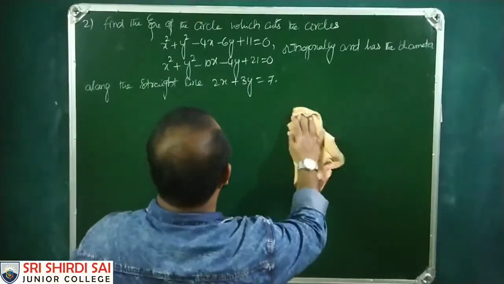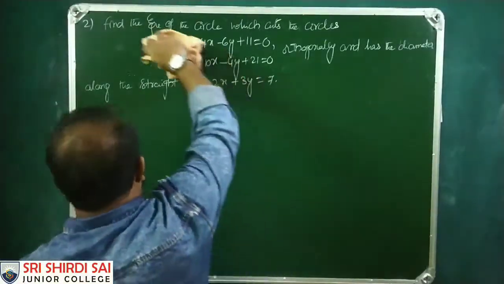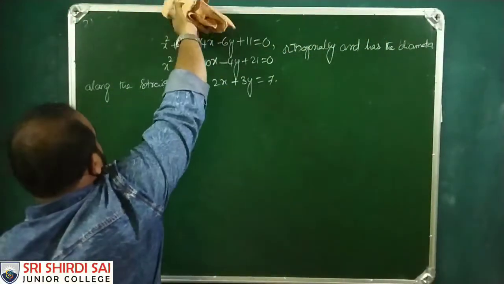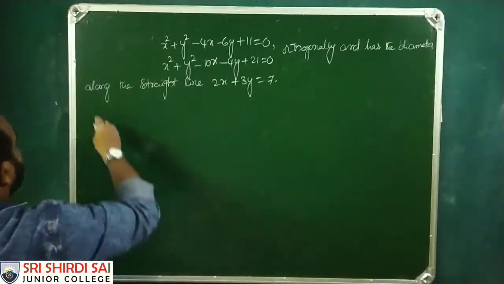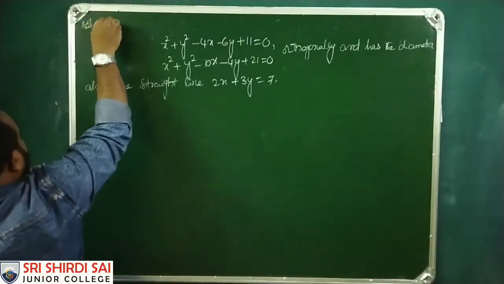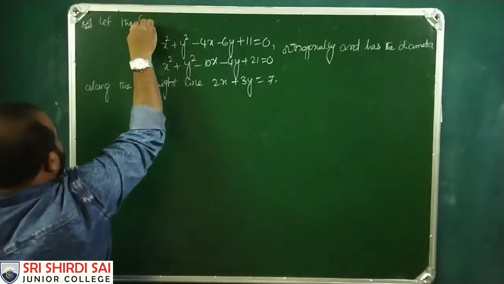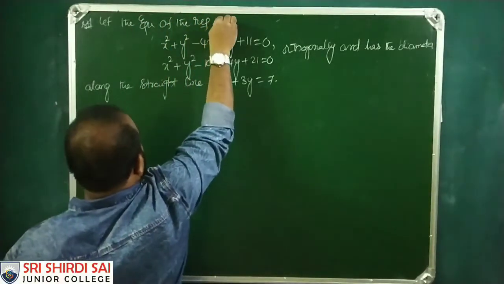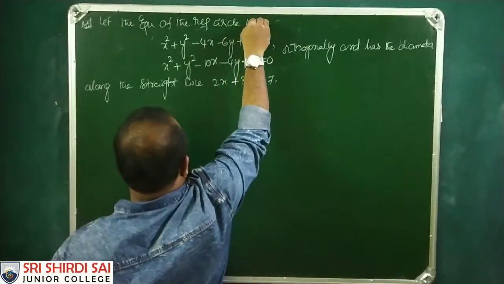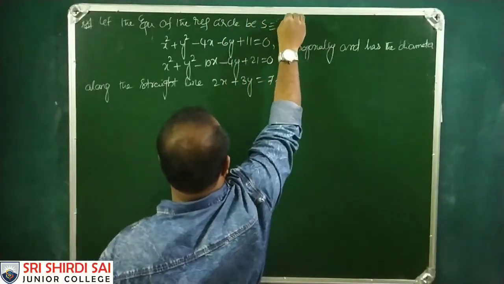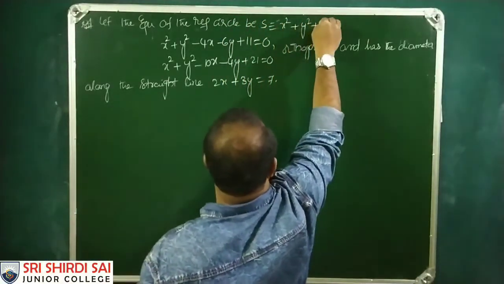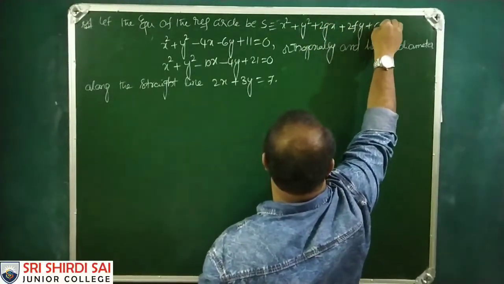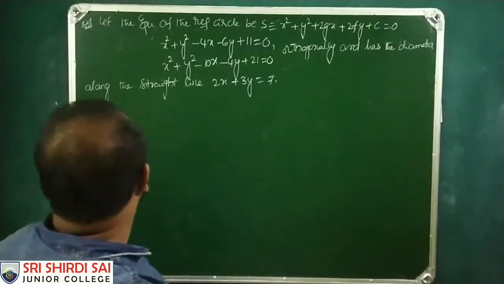So as usual, let us take the circles. Solution: let the equation of the required circle be x square plus y square plus 2gx plus 2fy plus c equals to 0.